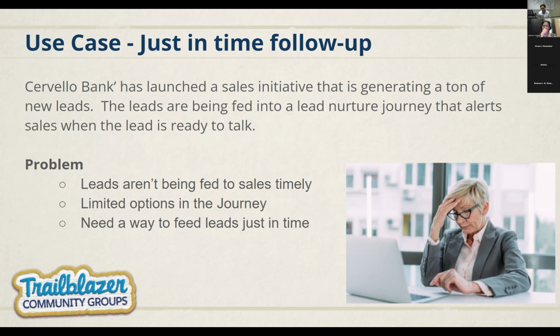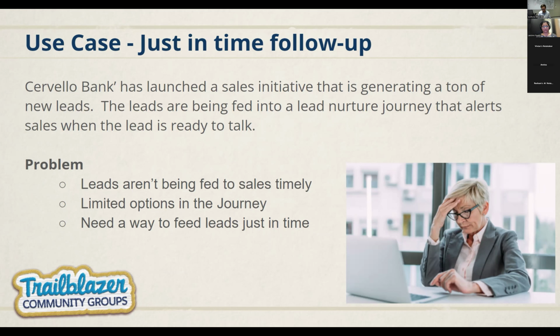The problem is that because the lead nurture journey communicates with those leads every 7 days, there's no way for the journey to know when somebody clicks immediately versus 5 days later, or there's no just-in-time way to move that lead up to the sales department. All leads have to wait that 7-day period. So they're not being fed in a timely manner.